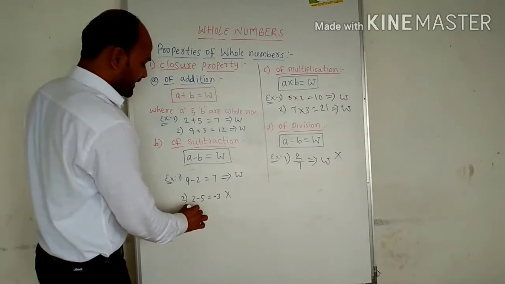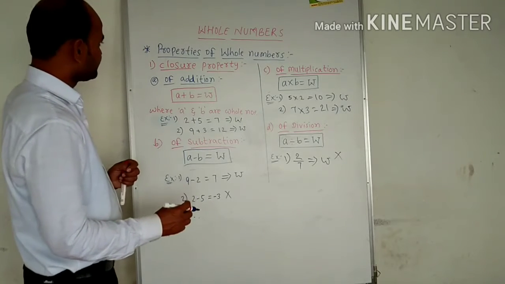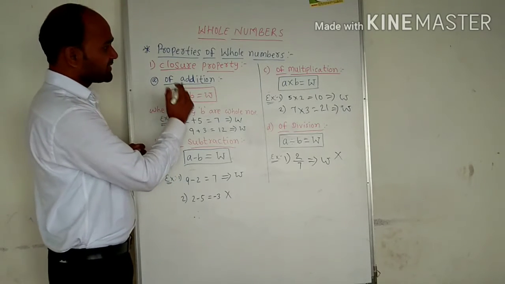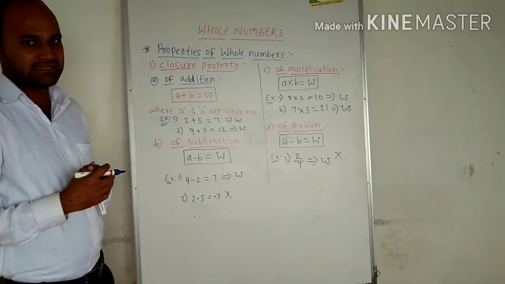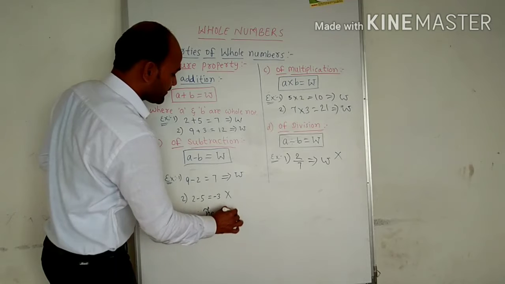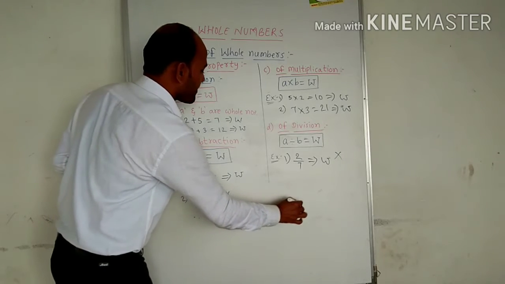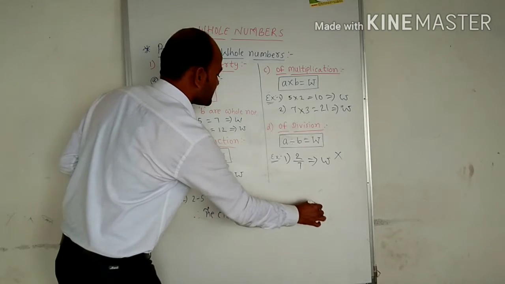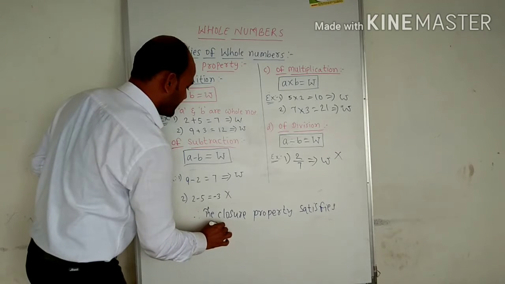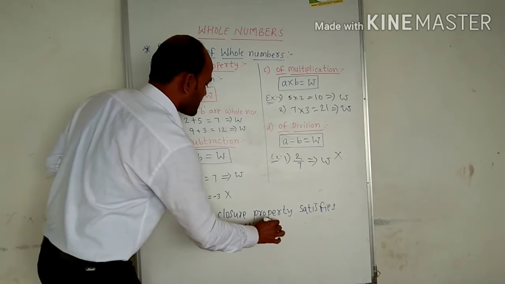It means that we can write here: the closure property is satisfied under addition and multiplication.